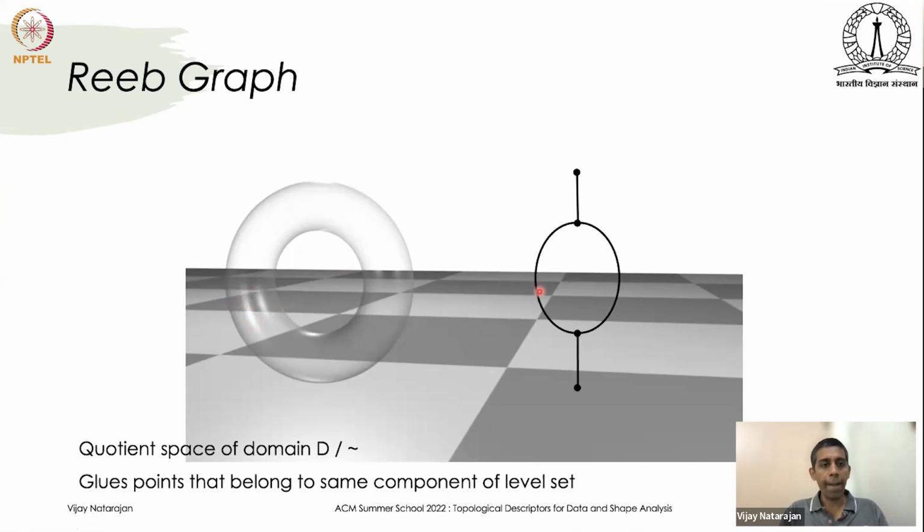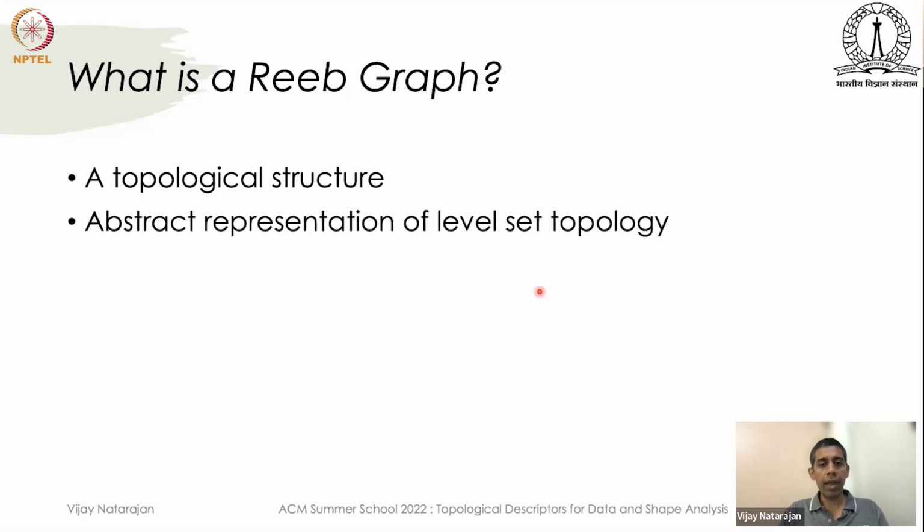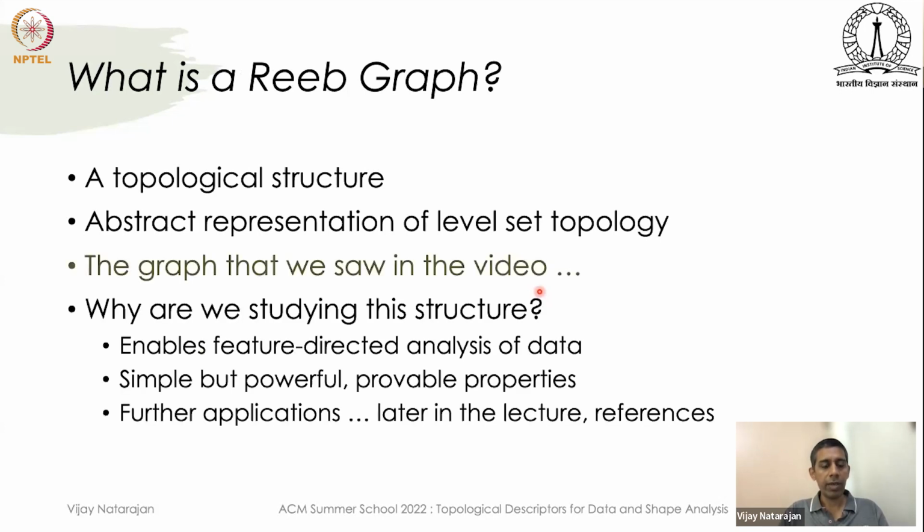That's the Reeb graph. Now, it is a topological structure. Like I said, it is a descriptor both of the domain and the scalar function. It represents the level set topology in a nice abstract way.